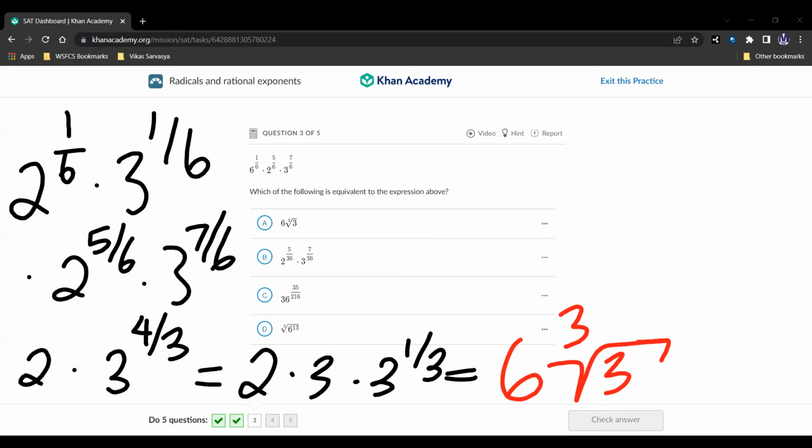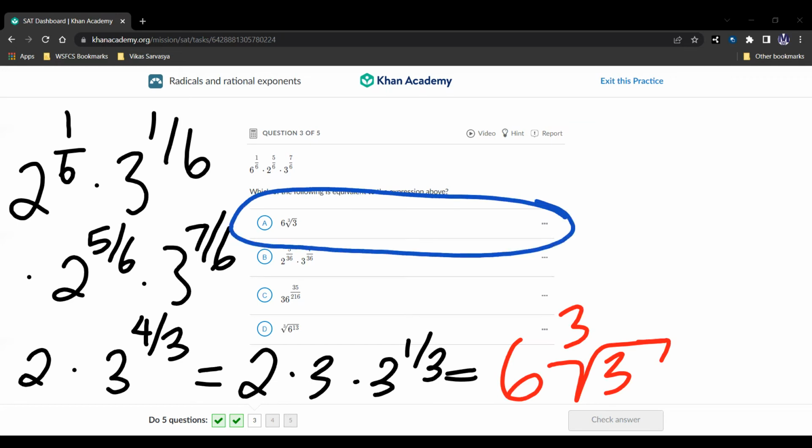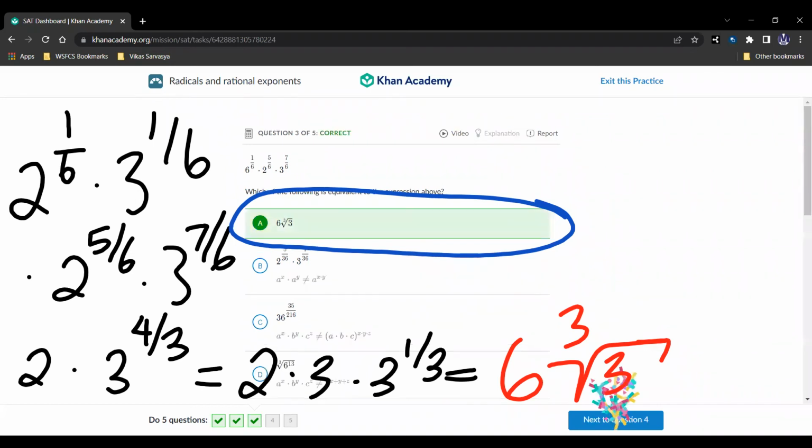So our answer is then going to be A. We are done. Let's keep going.